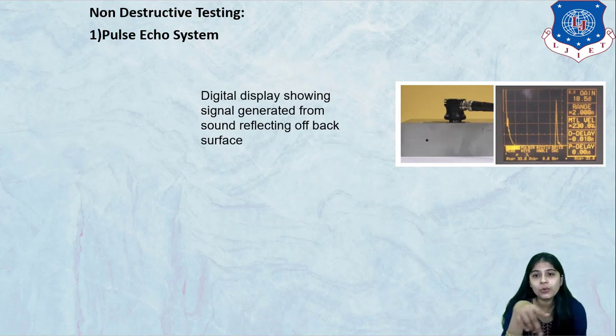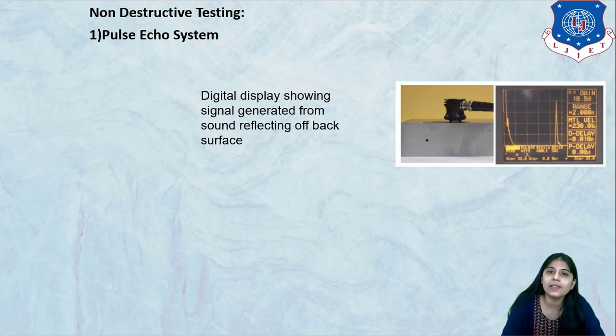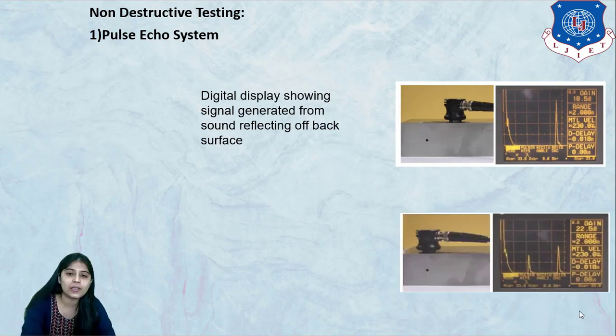On the screen you get two waveforms: one from the top surface of the sample and another from the end surface of the sample, as there is no defect in this region. This is the digital display showing the signal generated from sound reflecting off the back surface.